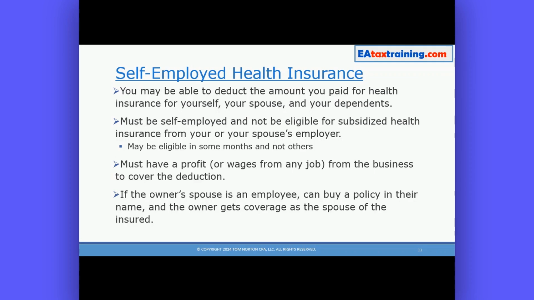If your spouse is also an employee of your business, then what you can do is buy a policy in their name, and then you as the owner can get coverage as the spouse of the person who's covered by the insurance. So it's another way to get health insurance for you as the sole proprietor, as well as for your spouse and your family.